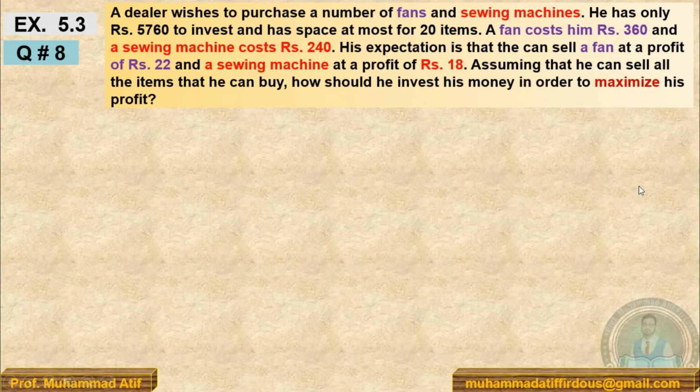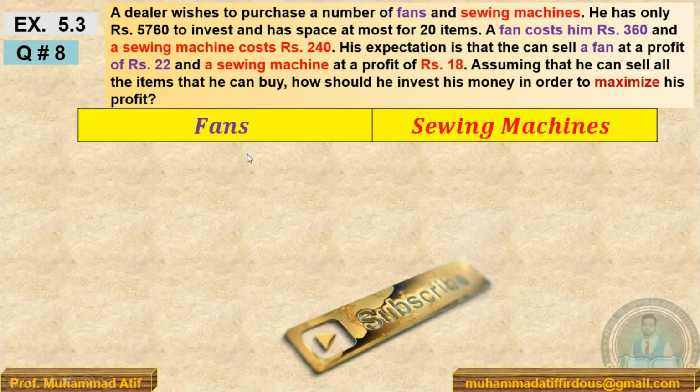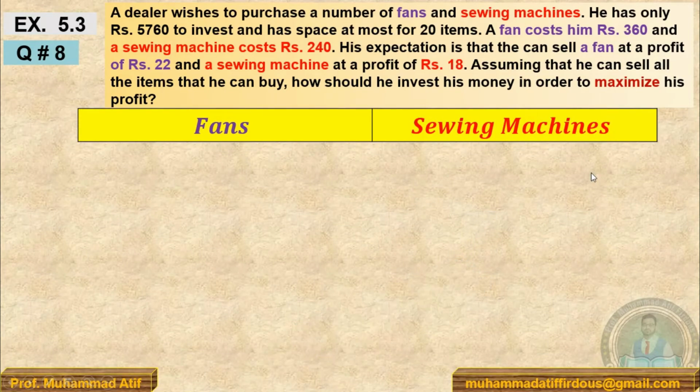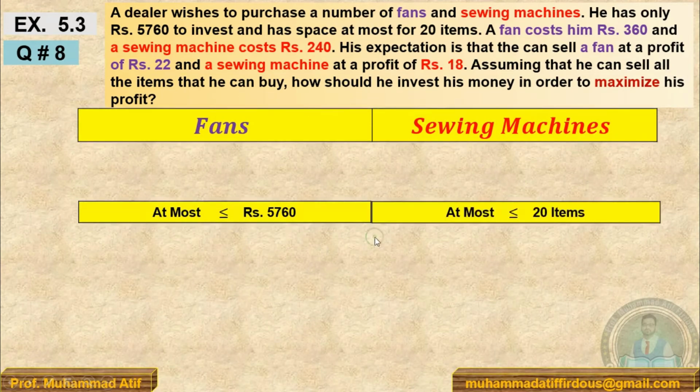So just convert this statement into a different shape, into picture form. You have two types of product, meaning fans and sewing machines, and the dealer has only 5,760 rupees, so he can use this amount or less than or equal to it. He can choose not more than 20 items.